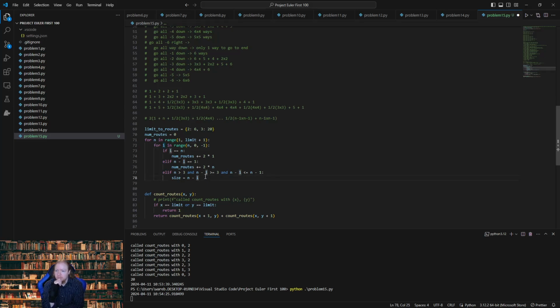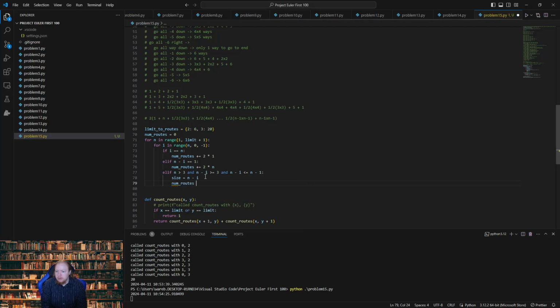So now size, and we're actually going to add num roots plus equals limit to roots of size.